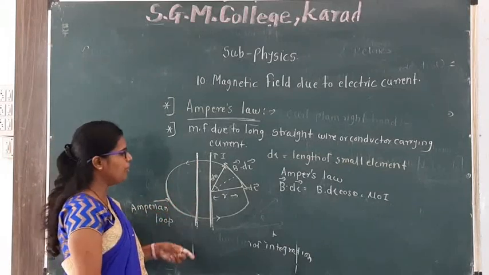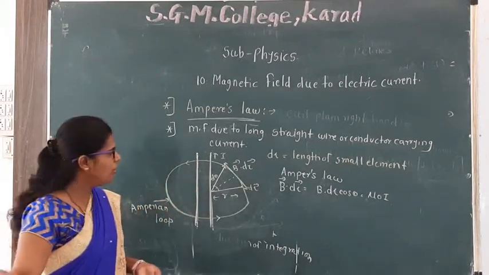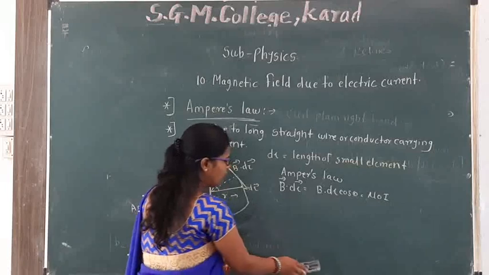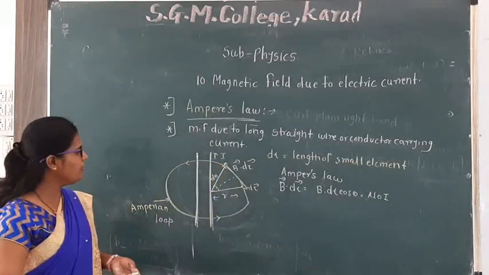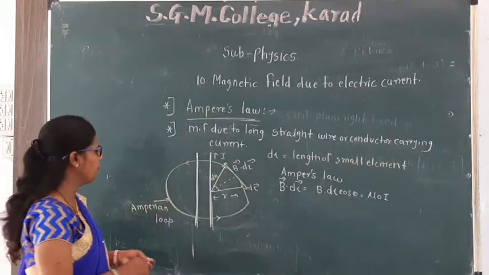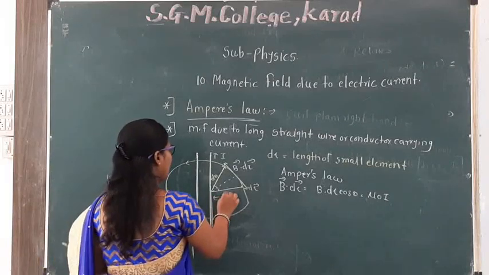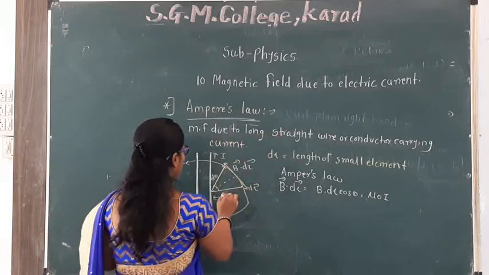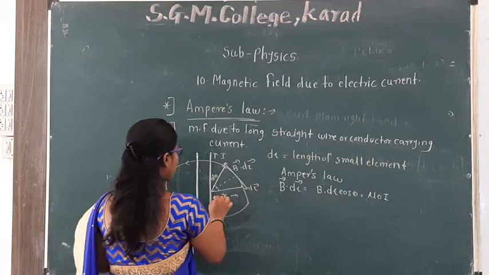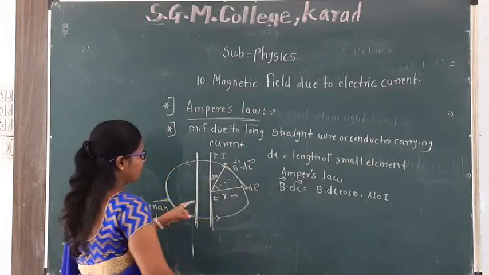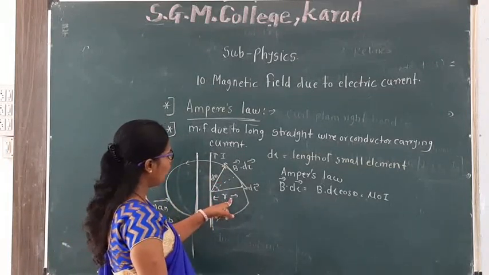In the last lecture we learned the equation of the magnetic field at point P. Here we have to calculate the magnetic field, where R is the distance from the wire.